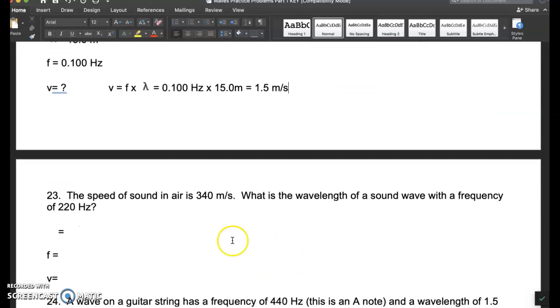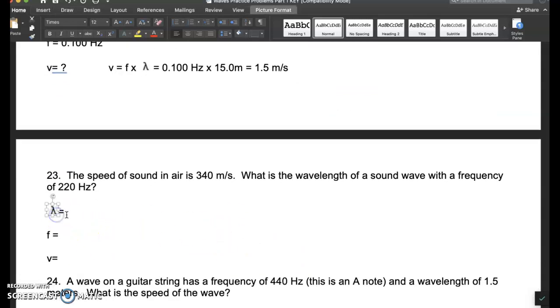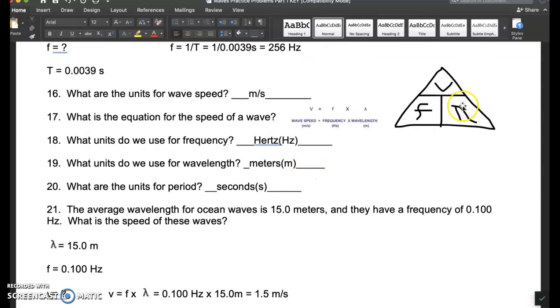Okay. Here I got a wave speed of 340 meters per second. What's the wavelength? That's what I'm trying to solve for, if frequency is 220 hertz. Okay, so now I'm solving for lambda, so I'm going to go up to my triangle again and cover it up.